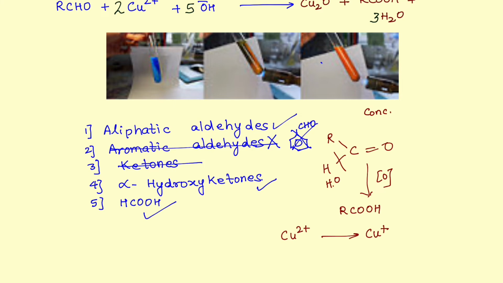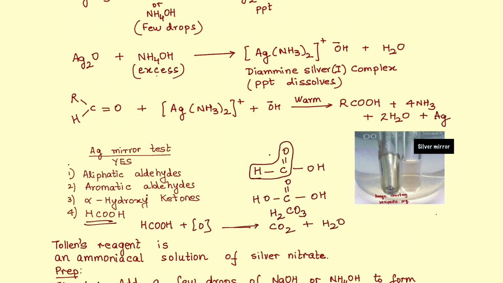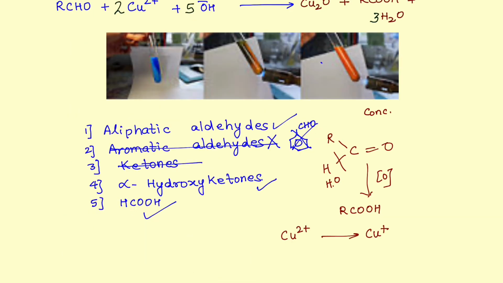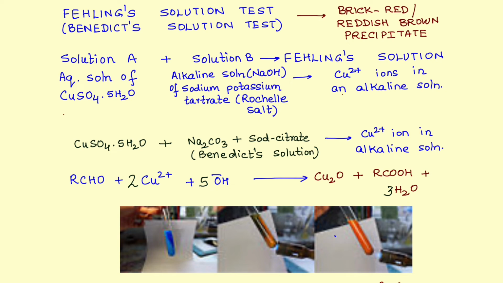Now, if you recall, in the case of Tollens reagent, we had said that aliphatic aldehydes, aromatic aldehydes, alpha hydroxyketones and formic acid give the test. So, aromatic aldehydes can be oxidized by Tollens reagent, but cannot be oxidized by Fehling solution. So, which one of the two do you think is the stronger oxidizing agent, Fehling's or Tollens?